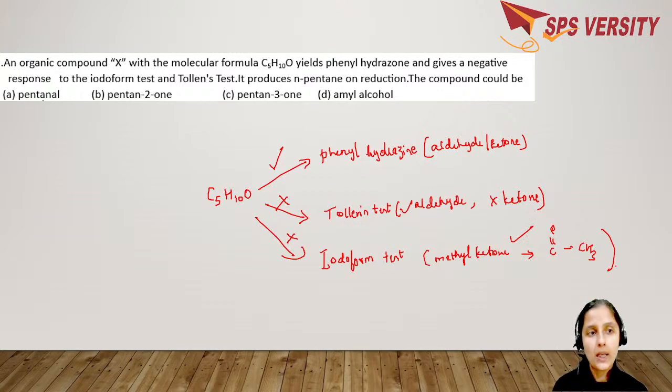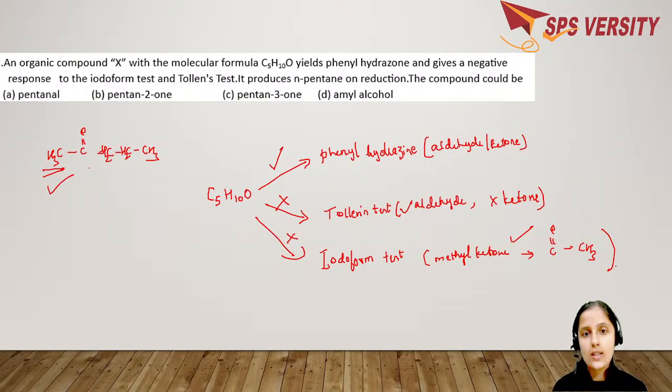Now if you take the pentanal, it can't be the answer because this is not going to answer the Tollens test. Pentan-2-one is C double bond O. It could be the answer because it is a methyl ketone, so this is going to answer the iodoform test.